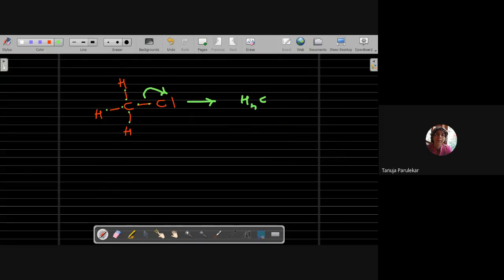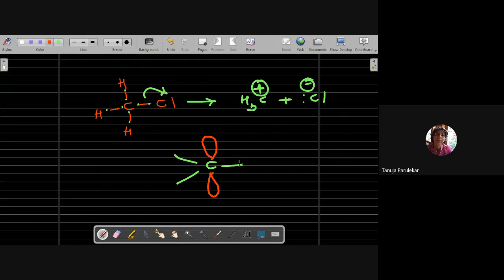CH3 plus and Cl minus. So now you can see that those 2 electrons which were over here have gone to chlorine, and here you now have a vacant orbital. So this carbon has 3 sigma bonds, and a vacant orbital, because the electrons are not with it. The electrons have gone with chlorine.